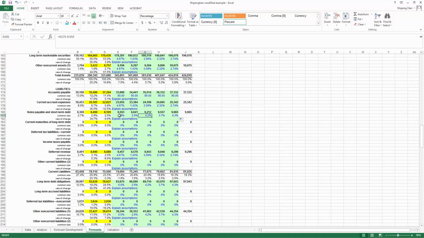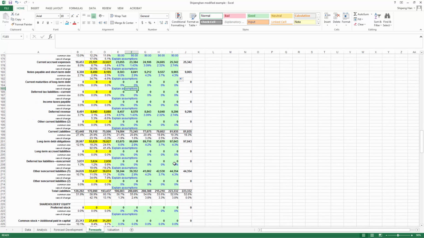We do the same thing for other financial liabilities. Deferred revenue we discussed in the operating liabilities. And all other current liabilities are 0, so we simply assume they are 0 for the next 5 years. The next one is long-term debt obligations.